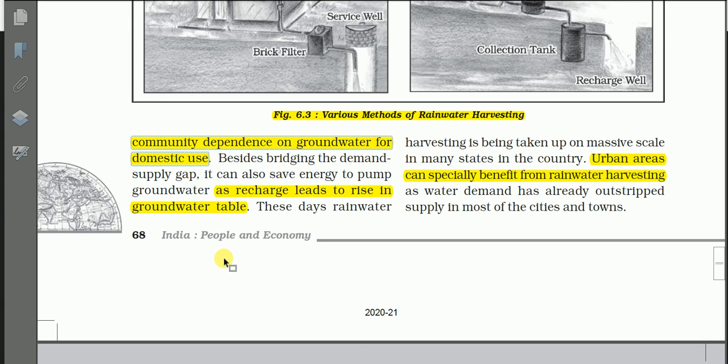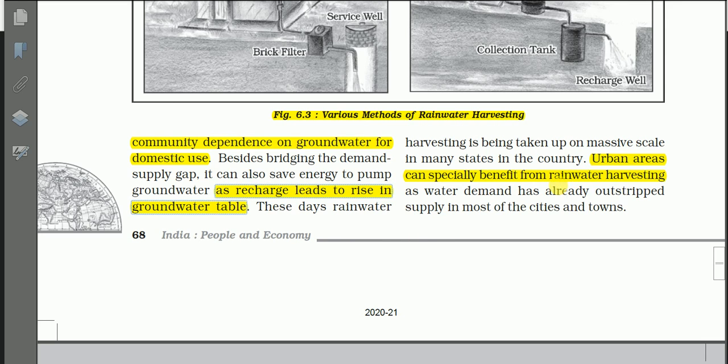Then it also brings down the gap between the demand and the supply of water. Then one point we discussed earlier is that when we recharge the aquifer using rainwater harvesting techniques, the groundwater table will also rise.